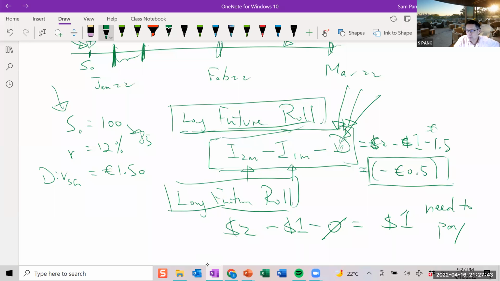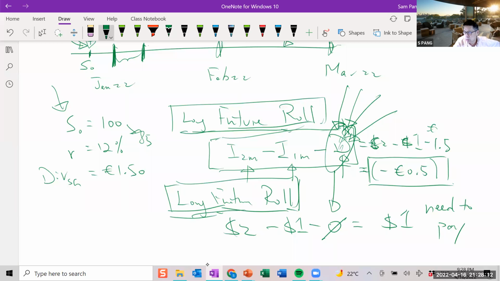But the market never realized that. The market was still pricing in the dividend as before, until some traders just kept going long and long and long. They were long until they got a whole boatload of long futures rolls. And then someone realized, okay, what are you guys doing? And then people started to realize, hold on a second, this one is not priced correctly.